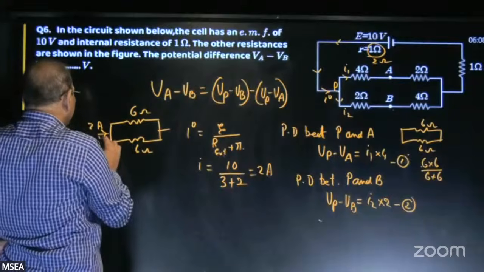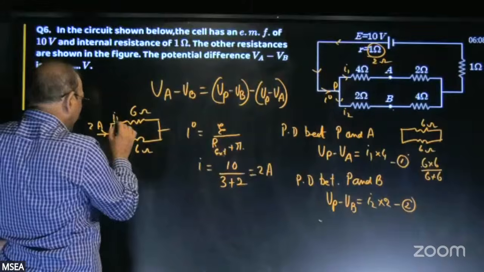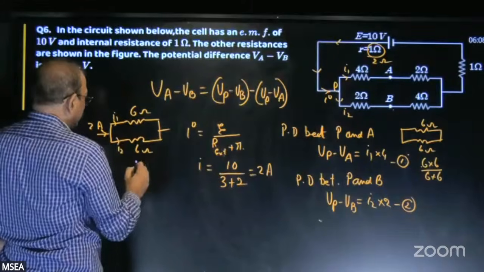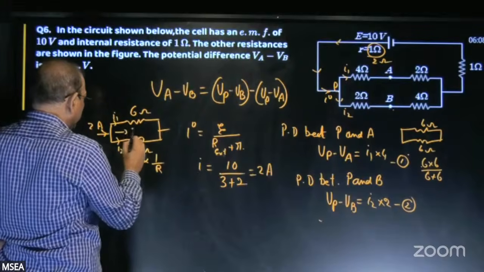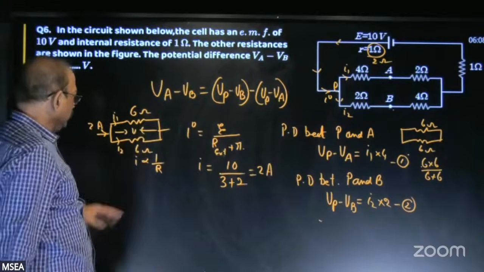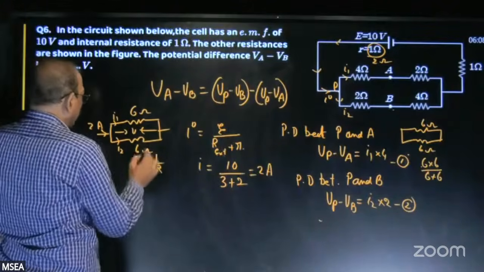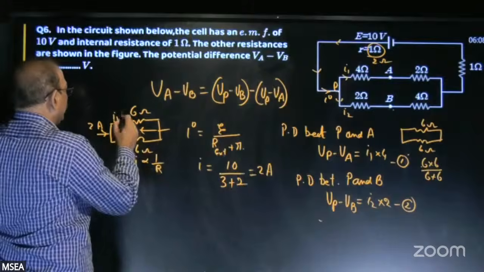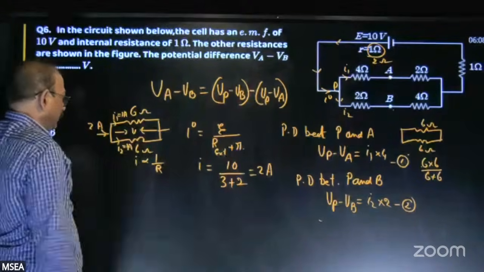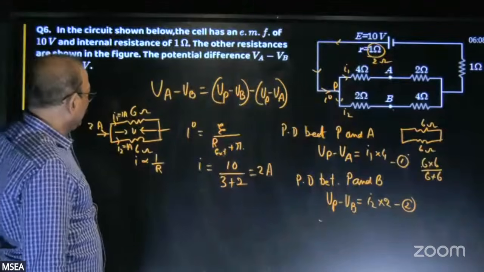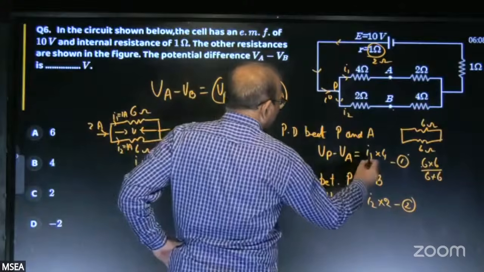When resistances are equal, this current will split as I1, I2 equally, because current is inversely proportional to resistance when the potential difference is the same. Resistance is equal, so current will split equally. So in this 1 ampere, in this also 1 ampere.